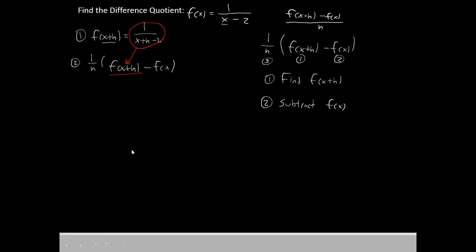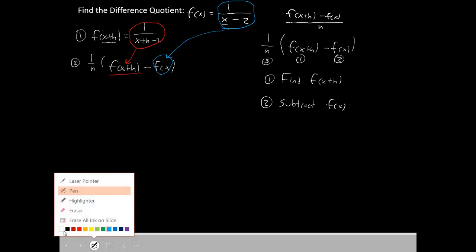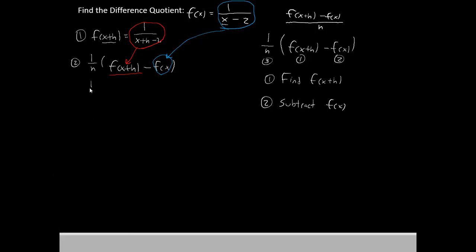We're also going to replace this f of x right here with this function, our original function. We're just going to plug both pieces in and rewrite the whole thing. So we'll have 1 over h times 1 over x plus h minus 2, and then we subtract 1 over x minus 2.